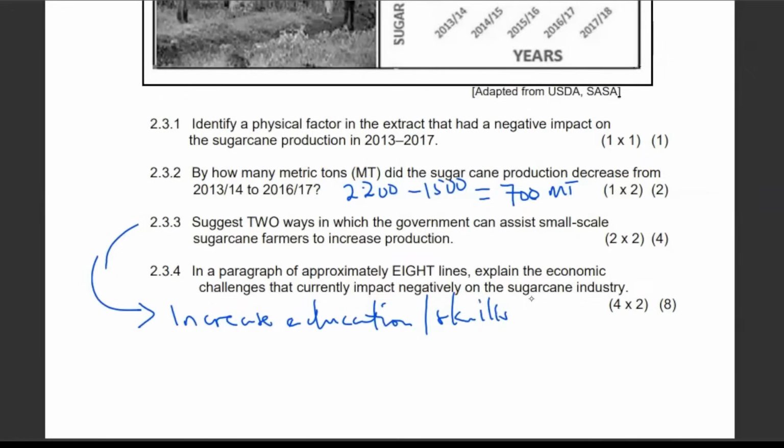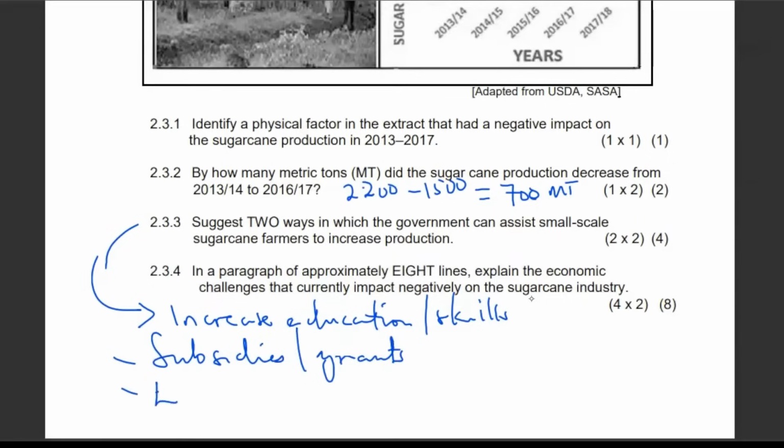For those farmers to be productive enough, they need to be educated on farming practices, and also they need skills. So if the government avails the skills and the education, then those farmers can be productive enough. Then they also need support through subsidies or grants. If the government can chip in to support those farmers through subsidies and grants, then the government might be in a position to assist those farmers.